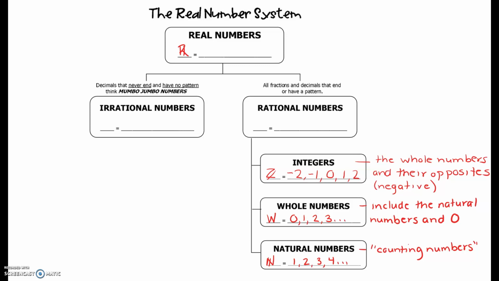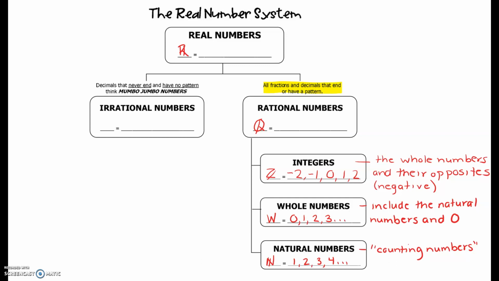And then we get to rational numbers. And you'll see a definition here for rational numbers. All fractions and decimals that end or have a pattern. So rational numbers, we actually use the letter Q because the letter R is used to represent the real number system. And it could be anything in fraction or decimal form.